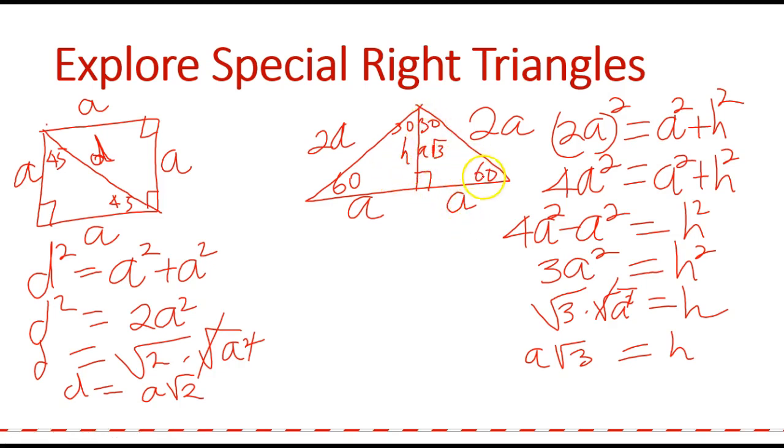In a 30-60-90 triangle, the hypotenuse is twice the small leg, and the longer leg is square root of 3 times the smaller leg. Each of them, the hypotenuse and the longer leg, has reference to the small leg. So those are the two special right triangles.